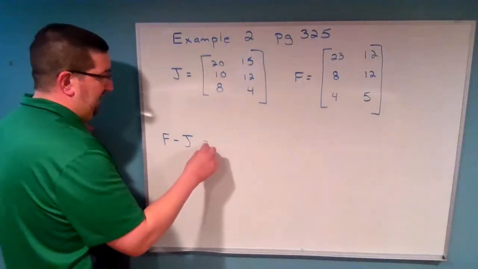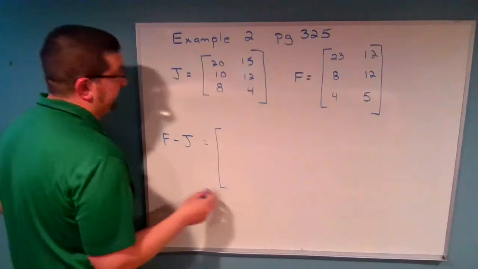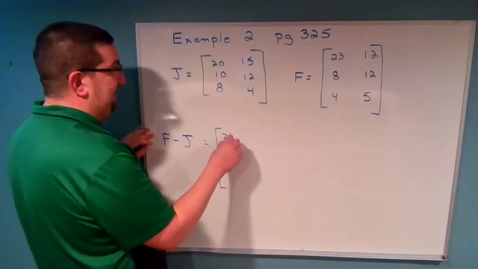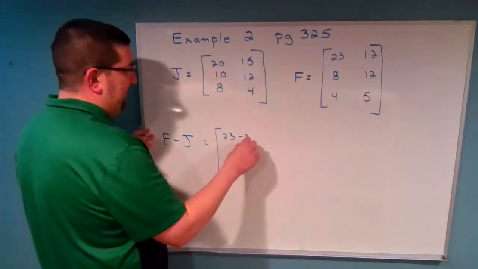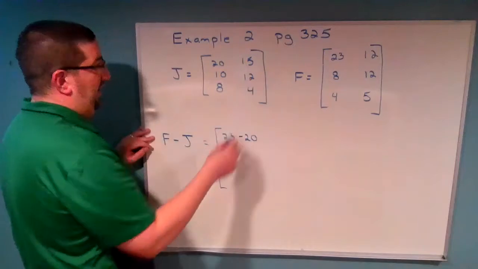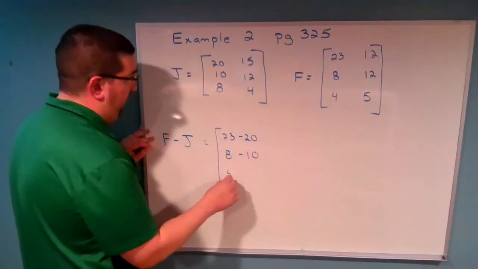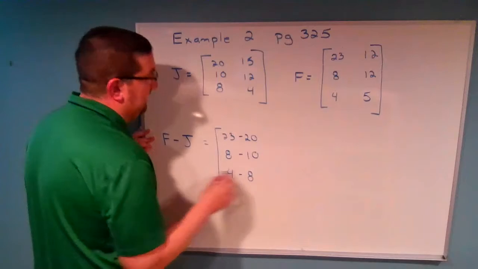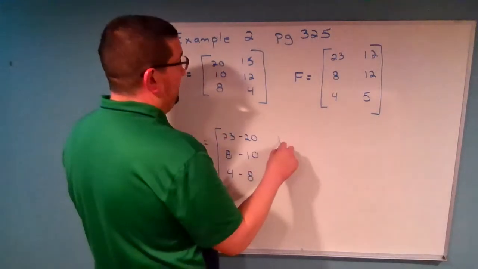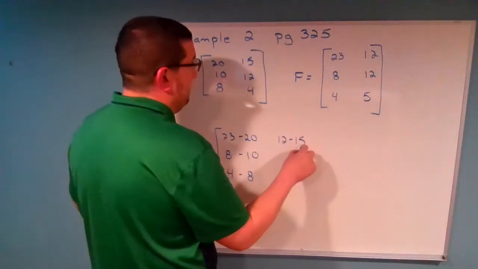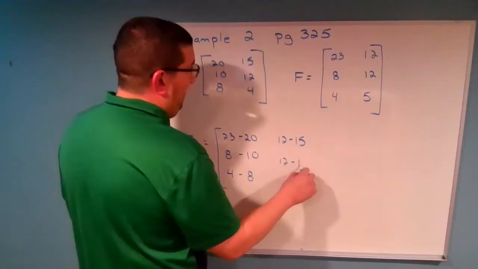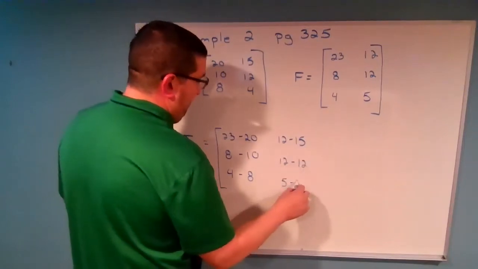So F minus J would be 23 minus 20, 8 minus 10, 4 minus 8. And this would be 12 minus 15, 12 minus 12, and 5 minus 4.